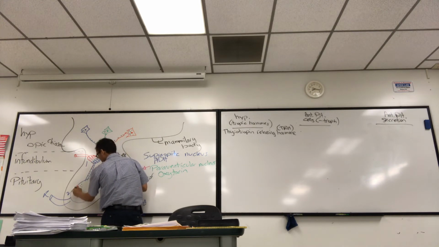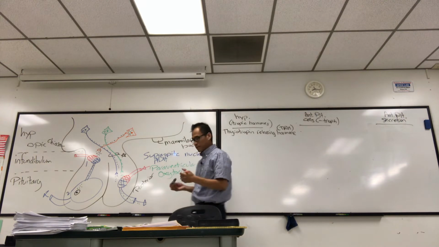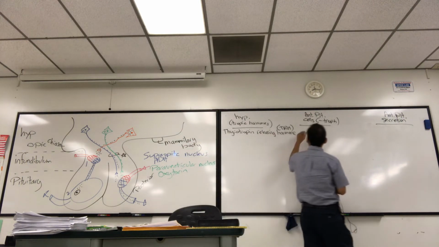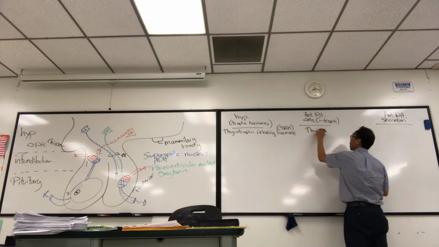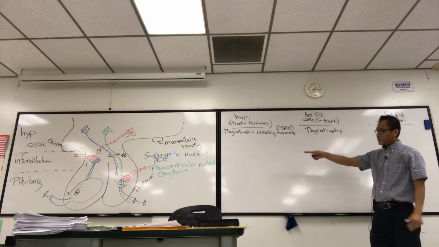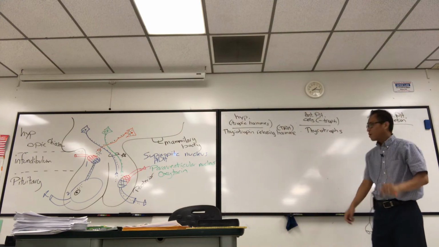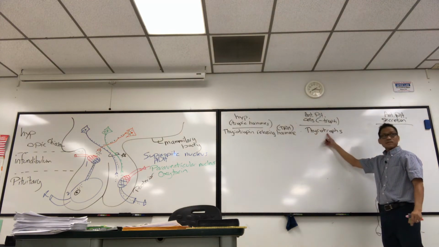Now the name of the cell that is stimulated by TRH, they just call them thyrotropes. So the little black cell I drew in cap bed 2 is this.